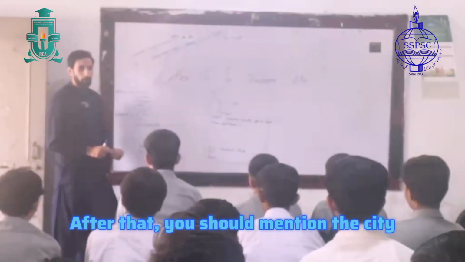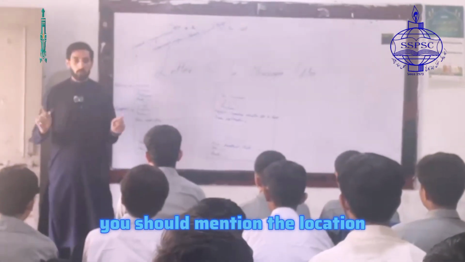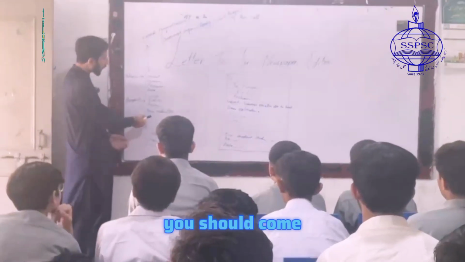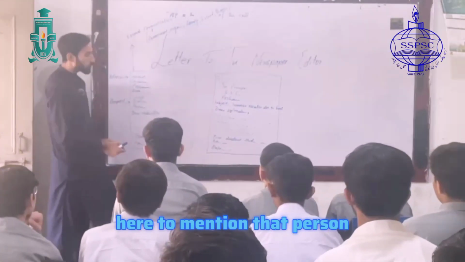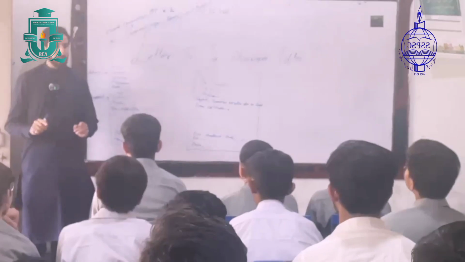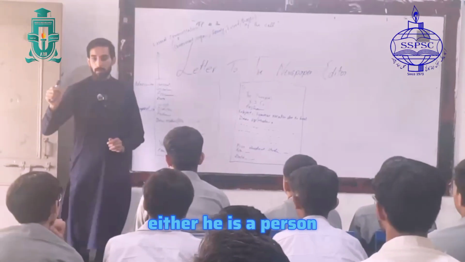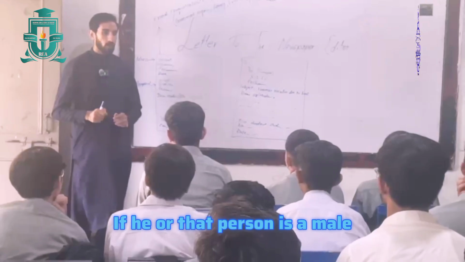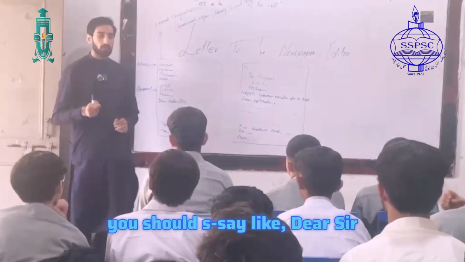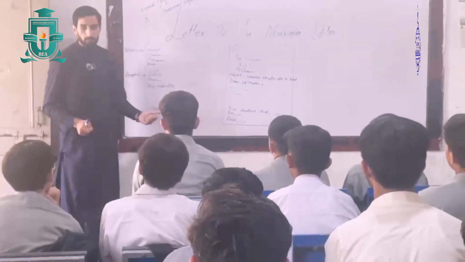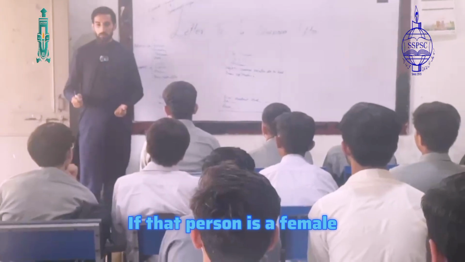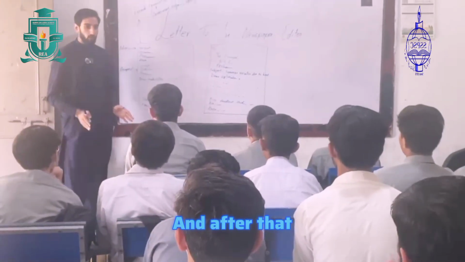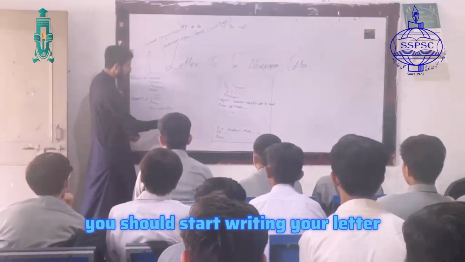After that, you should mention the city, the location. Then you should address that person, whether male or female. If that person is a male, you should say, dear sir. If that person is a female, then you should say, dear madam. And after that, you should start writing your letter.